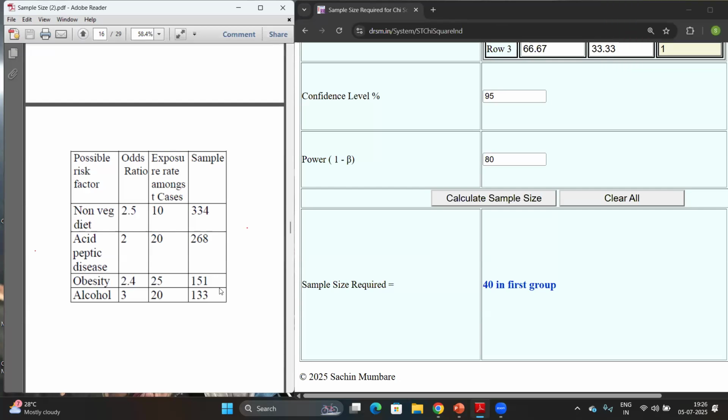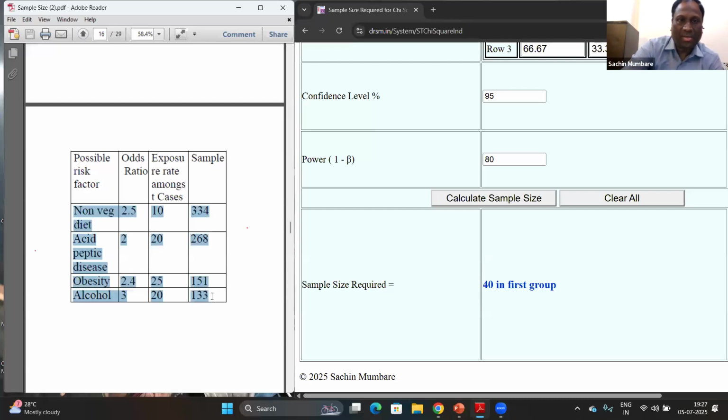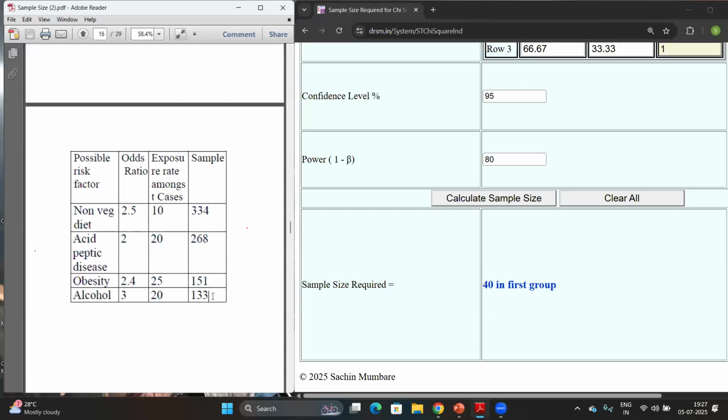Report that sample size was not estimated for this risk factor because of unavailability of previous studies, but after doing power analysis, the power is this much. So this is the option that you can go with. Yes, thank you, sir.